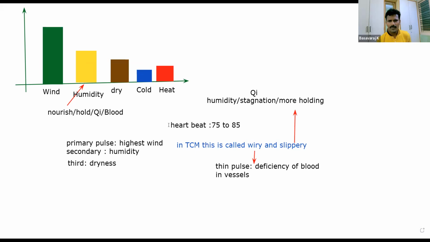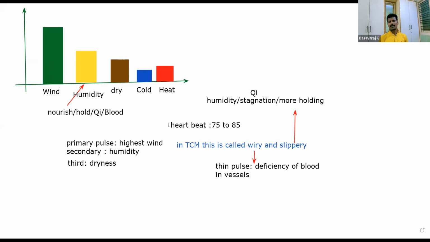What is the role of humidity with any other element? It is indicating, first, the nourishment. For example, if the humidity is there with wind, it is showing the lack of nourishment or blood deficiency. Why?